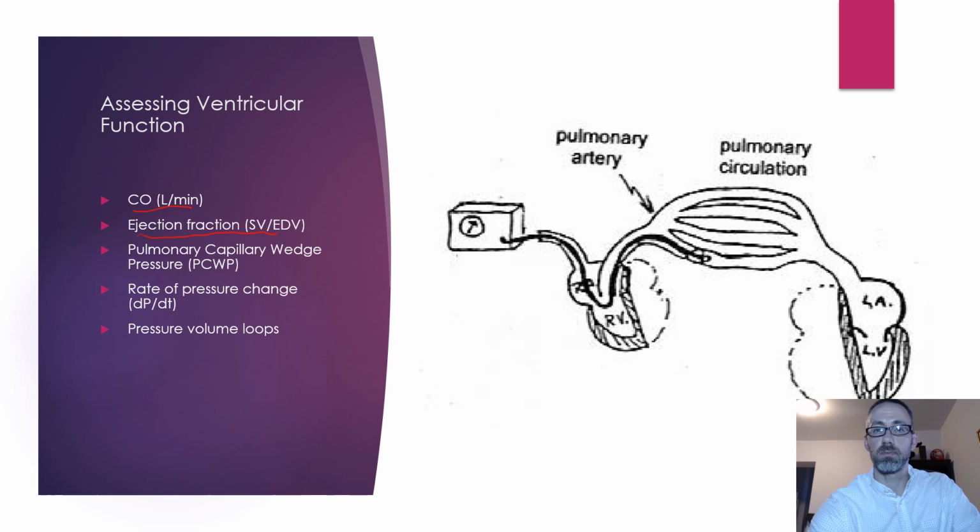Another is ejection fraction. We talked about ejection fraction in the previous lecture. That's a very useful number to know, which is basically the ratio of the stroke volume over the end diastolic volume. I went over that with you guys last time, and I told you if our stroke volume was 70 mLs and the end diastolic volume was 130, the ejection fraction was about 54%.